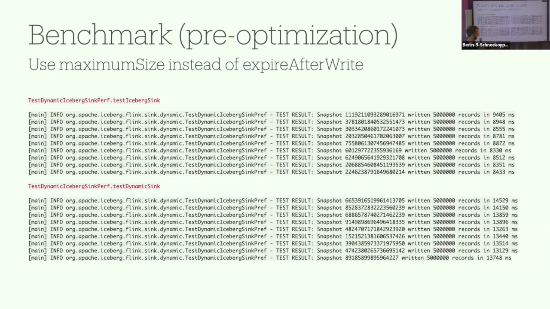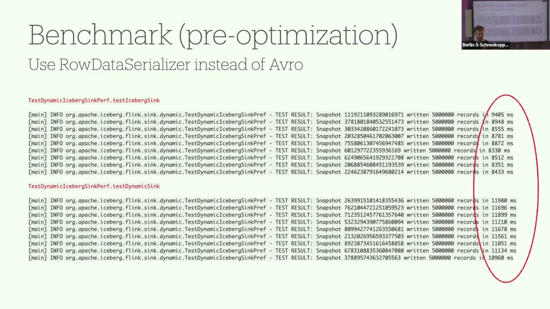For example, what we found was that if we use a maximum size for the caches instead of a time-based expiration, we would dramatically improve the performance. Same for using Flink's row data serializer versus using Avro. This is a huge performance improvement.